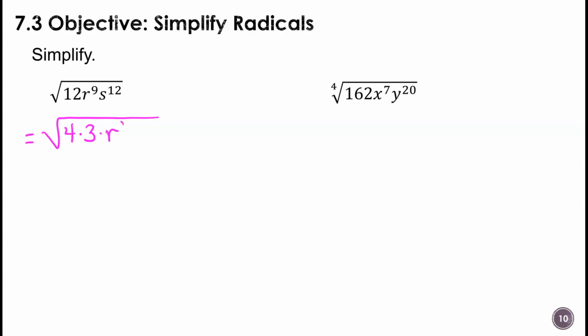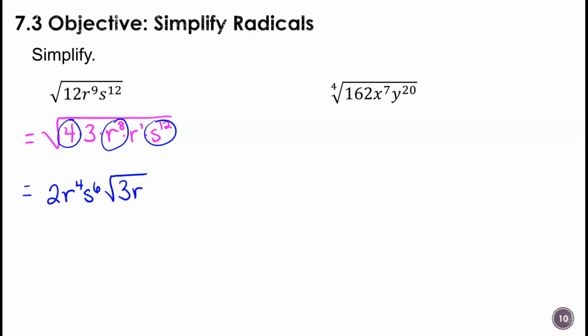And then that will be r to the 8th times r to the 1st and s to the 12th, because 12 is an even number. I can take the square root of 4, r to the 8th, and s to the 12th. So I have 2 r to the 4th, s to the 6th, times the square root of 3r.